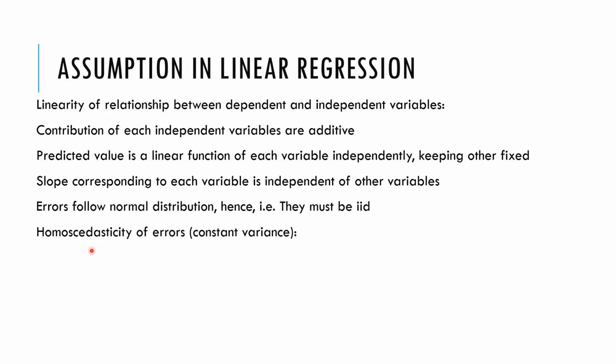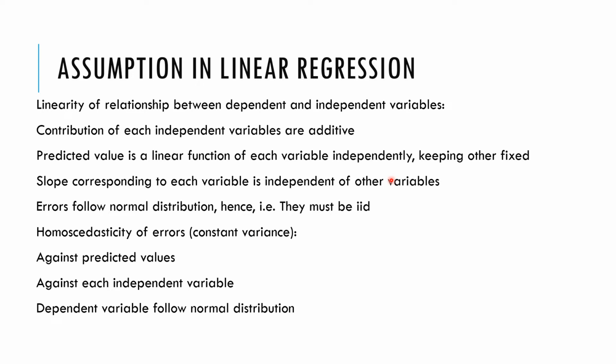Homoscedasticity of errors. That means when we plot errors against predicted values or against each independent variable, with the predicted values on the x-axis and the errors on the y-axis, in the scatter plot there should not be any pattern. The data should be plotted randomly here and there.